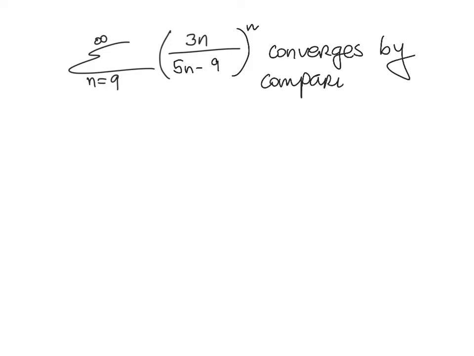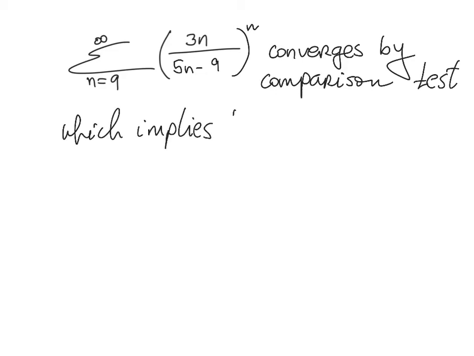And now we look at the original series, which started at 5. All we do is add the n equals 5, 6, 7, and 8 terms, which are finite numbers, to a converging series, and that series remains convergent.